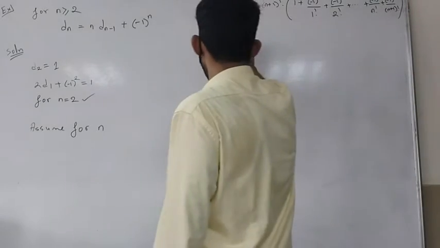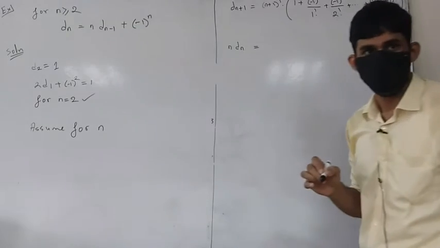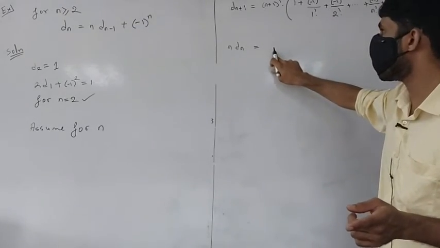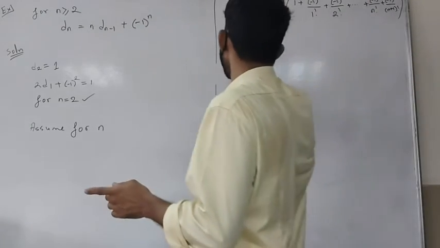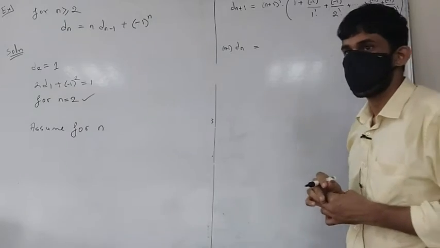And what is n times dn? Let's write n times dn directly. You will get an n factorial here. Oh, I would want n plus 1 times dn, correct?